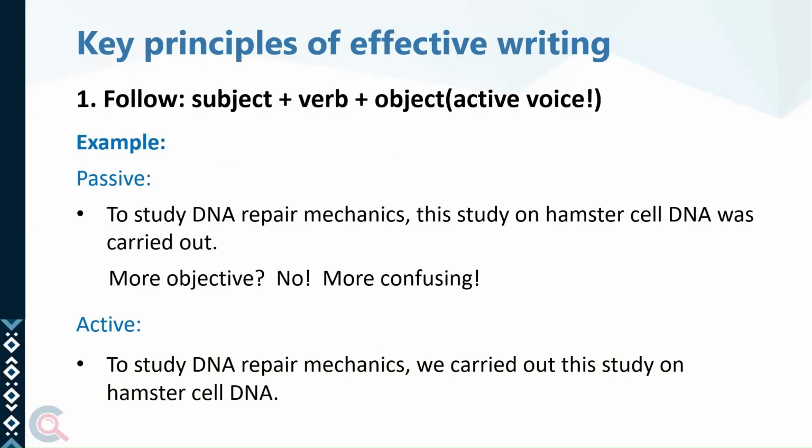But when you put it in the active form and say, to study DNA repair mechanics, we carried out this study on the hamster cell DNA, you discover that everything changes. The second one is more objective. It is more clear compared to the passive form of the voice. So this is just an example to illustrate the passive form and the active form.